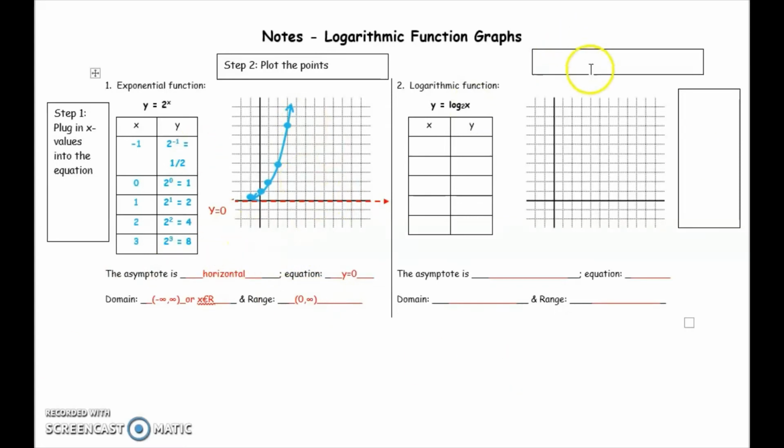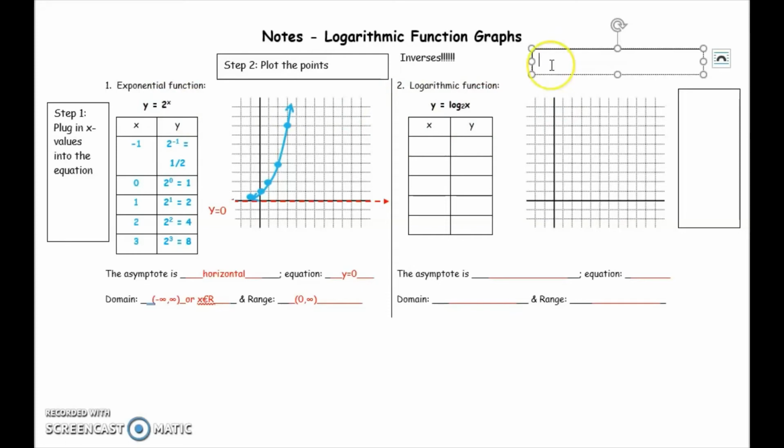Now that we have this, we need to go over here to this. So remember, guys, these are inverses. If we did the L, where it goes boom, boom, boom, boom, you would get this.